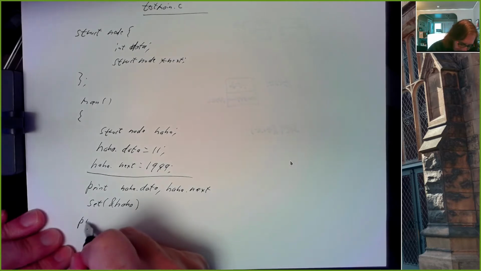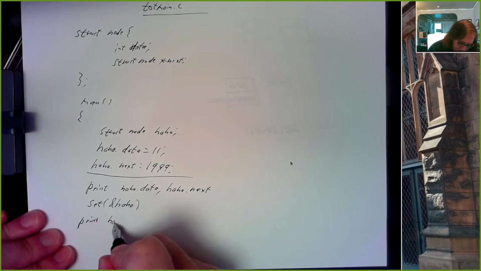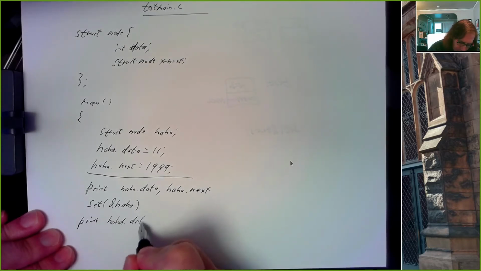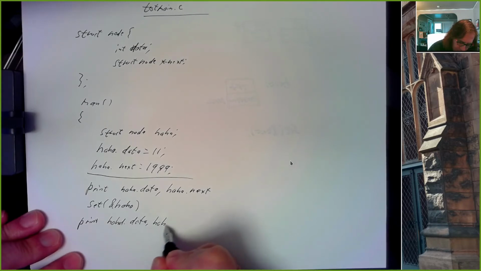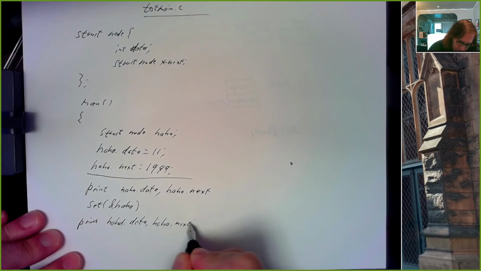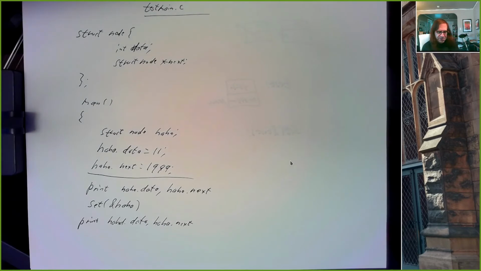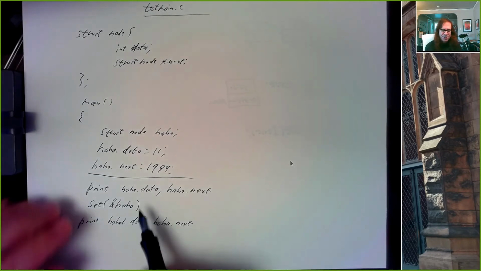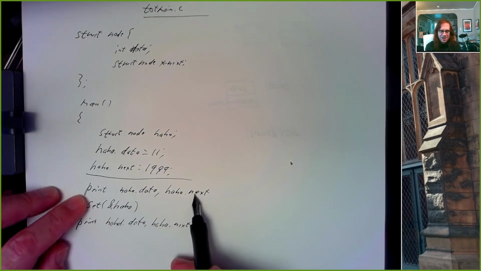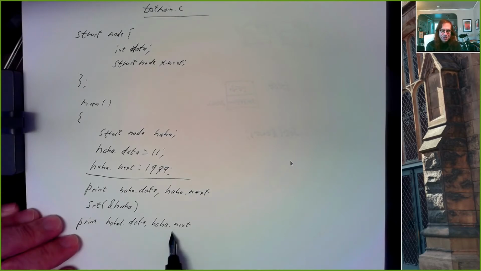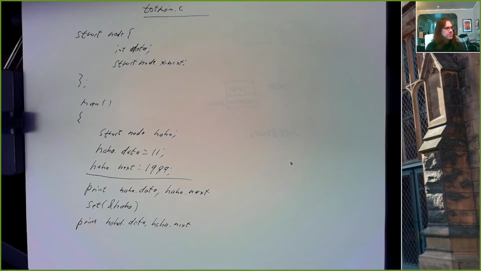And then print these things again. And what you should see in this case, for example, is up here, it'll print 11 and 1999. Here it'll print 22 and 0. Alright, so that's the behavior after.